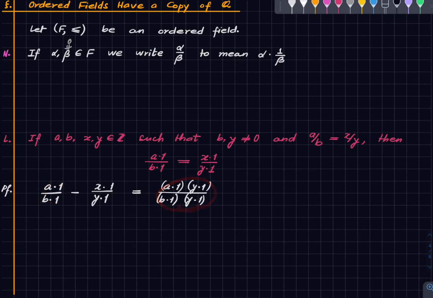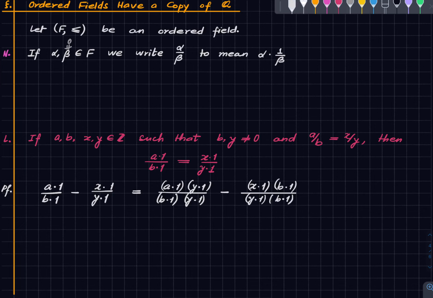So this minus x dot 1 times b dot 1 divided by y dot 1 times b dot 1.